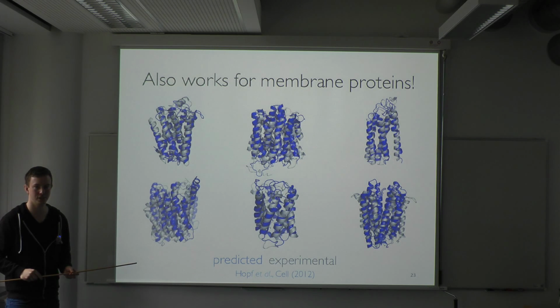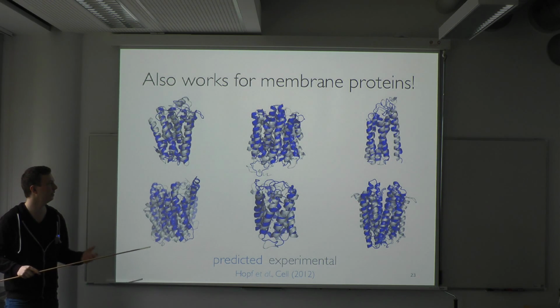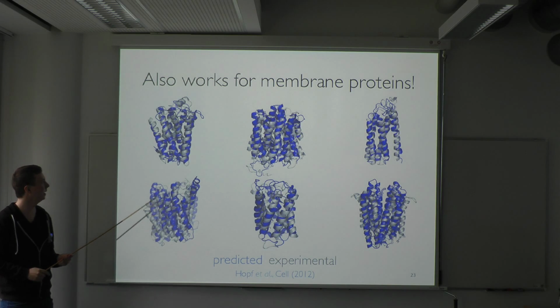So there's much less information on experimental 3D structures of membrane proteins. At the same time, they tend to be much bigger on average than regular proteins. So it's a twofold challenge, because they're bigger, which makes the problem harder mathematically, and also there is less information available.